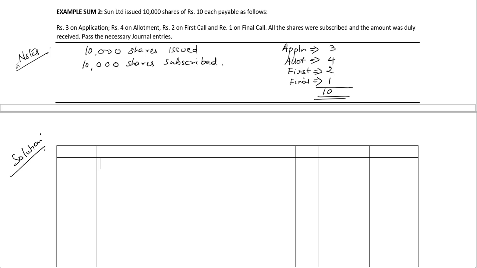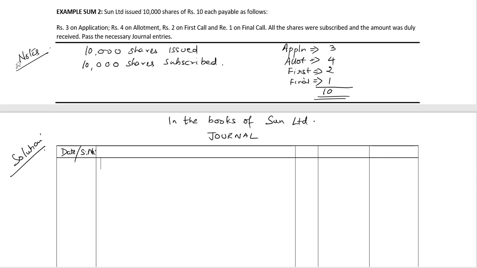Let's go ahead with the solution. Passing the journal entries. In the books of Sun Limited, journal, we have date, particulars, LF number, debit rupees, and credit rupees. The first journal entry is for receipt of application money.